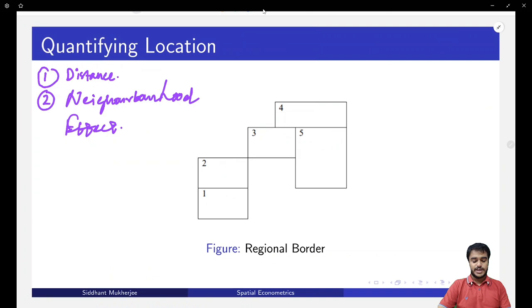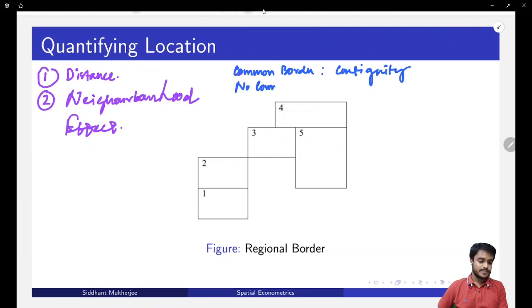Quantifying locations in spatial econometrics analysis means: if there is a common border, we say it is contiguity. If not, no contiguity.